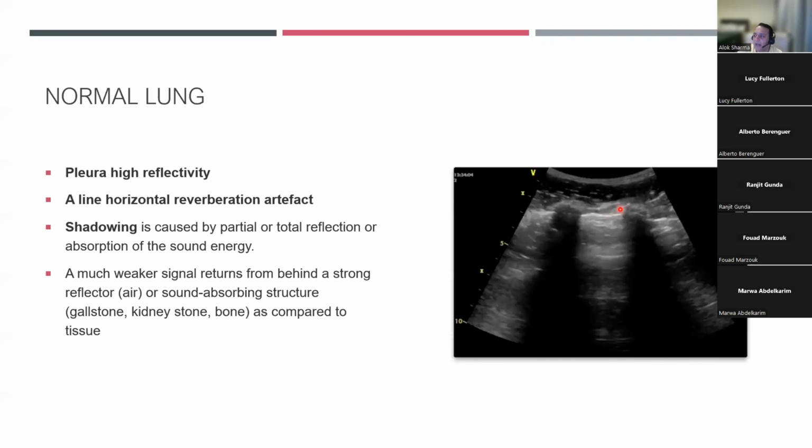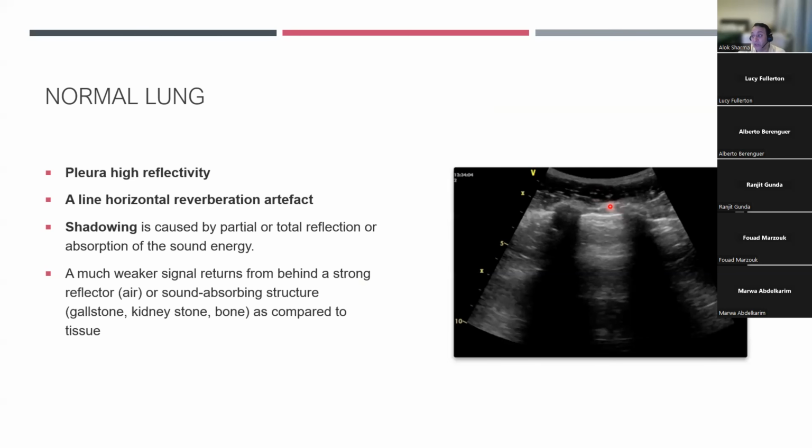But the pleura, having interacted with these sound waves which aren't reflected back, appears bright because the acoustic impedance of this tissue area is very different to pleura. You must be wondering, well, bone is such a good reflector. Why is the pleura appearing brighter than bone?